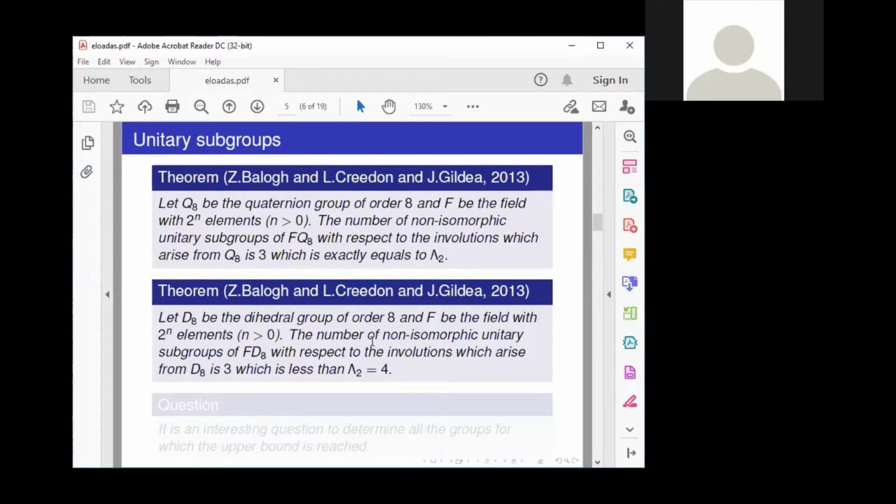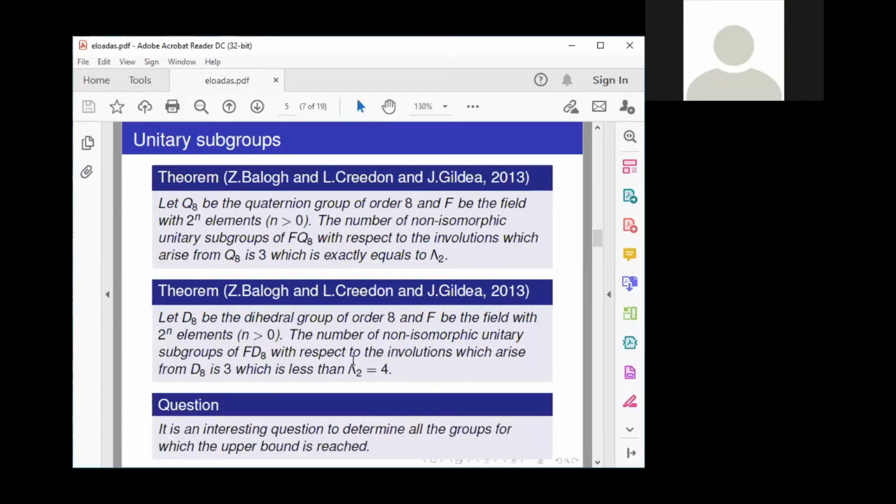In this case, the number of non-isomorphic unitary subgroups with respect to the involutions which arise from the group basis is 3, which is less than lambda 2, because in this case lambda 2 equals 4. So in this case the main question corresponding to this isomorphism question is to determine all the groups for which this upper bound is sharp.